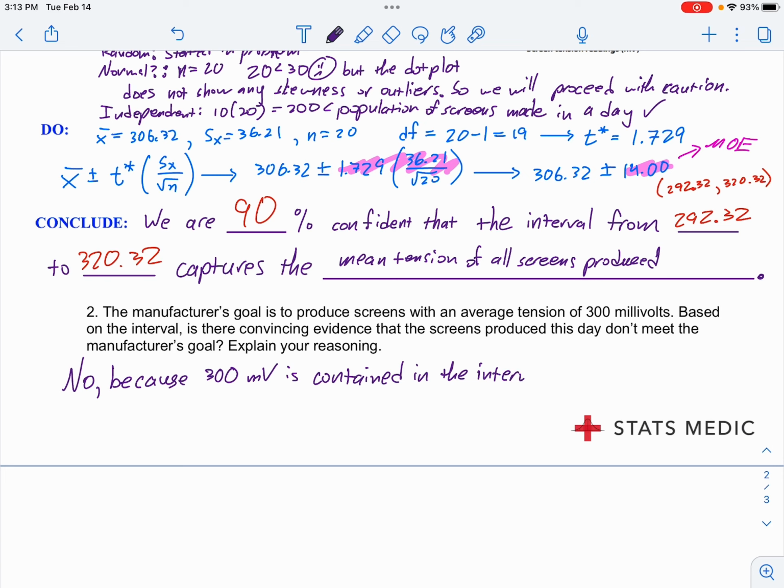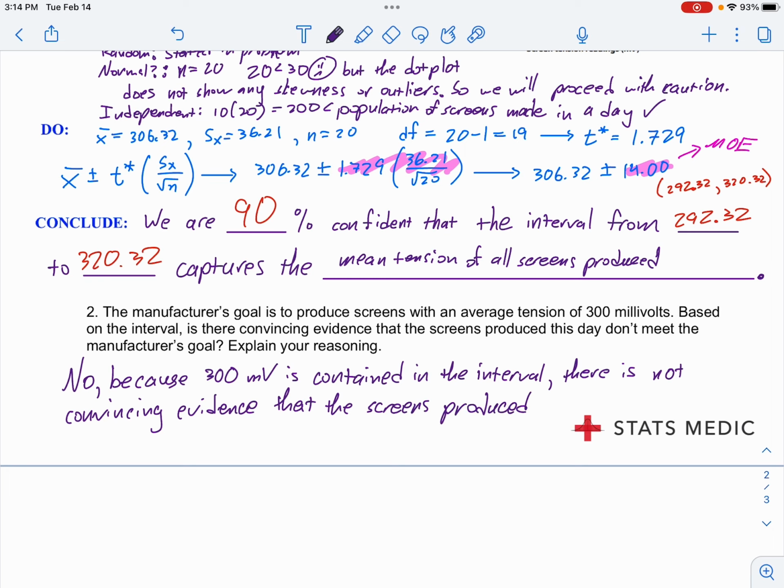Another way you could say that is because 300 millivolts is a plausible value, there is not convincing evidence that the screens produced don't meet the manufacturer's goal.